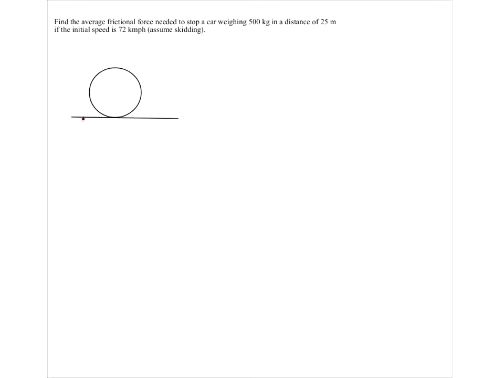So, even if you just say it is 4,000 newtons, it's alright. And direction, of course, will be opposite to motion. Motion is here, force is here. Any questions regarding it? Let me know.